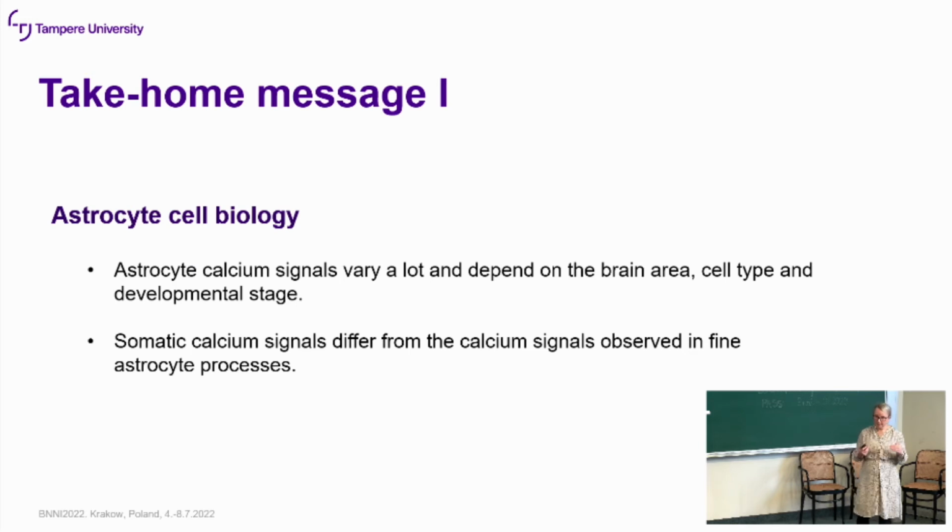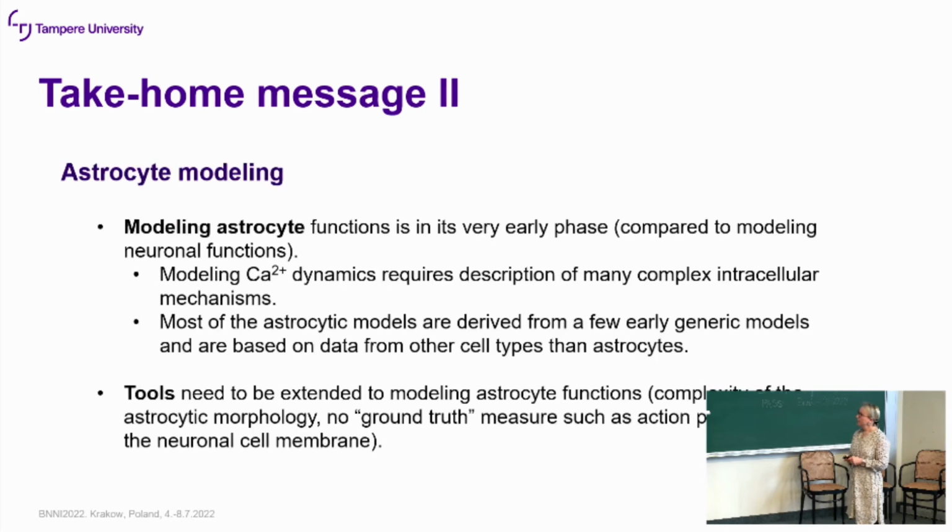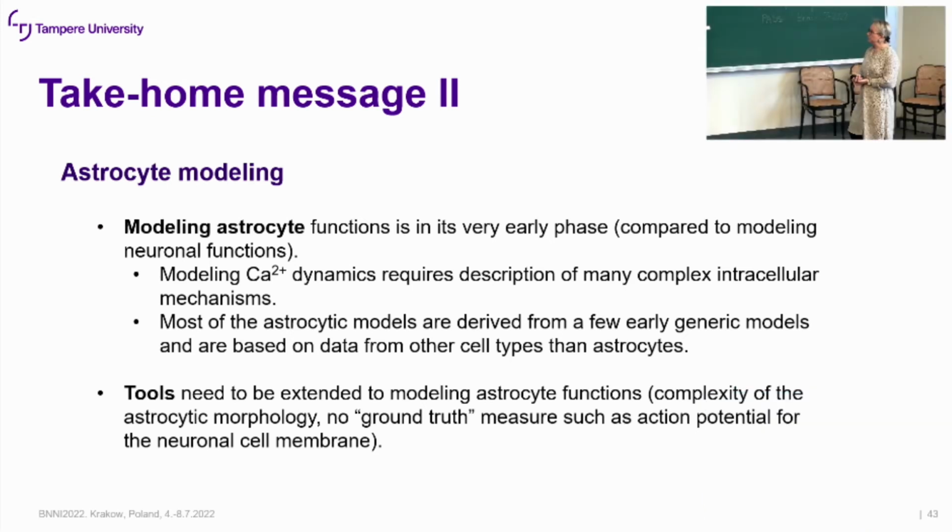So it's still different, so it's slower, but it's fast compared to those early in vitro studies that many of us know. Then the second take-home message is about astrocyte modeling, and there we could conclude that modeling astrocyte functions is in its very early phase compared to modeling neuronal functions.